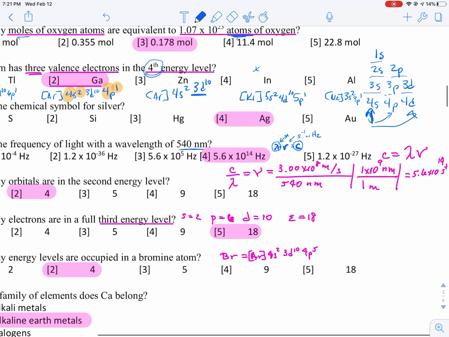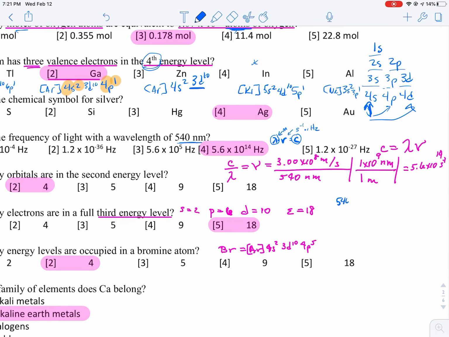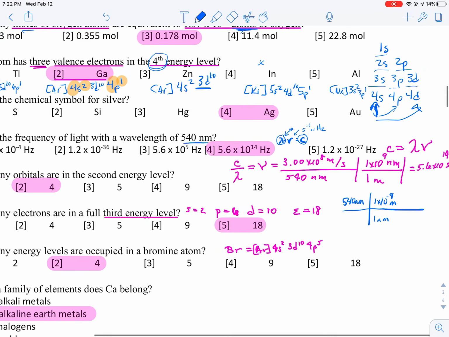This equation wasn't immediately used. I'm going to write this over here to the side. We take 540 nanometers. In 1 nanometer, there's 1 times 10 to the minus 9th meters. So that's using that chart that you're used to using. When you solve that, I'm going to write this out long ways, you're going to get 540 times 10 to the minus 9th meters.